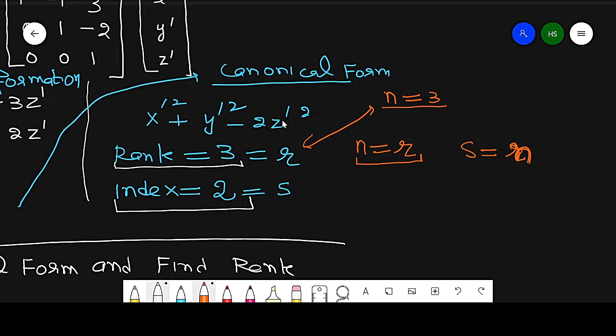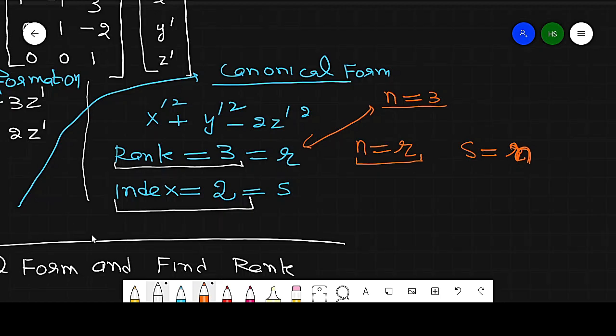So in this way we can classify the following quadratic form as definite, semi-definite and indefinite, and find our result.